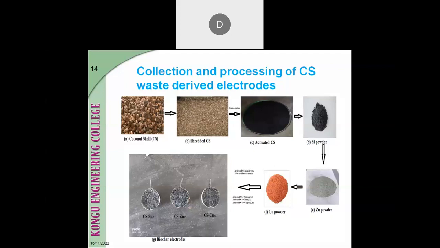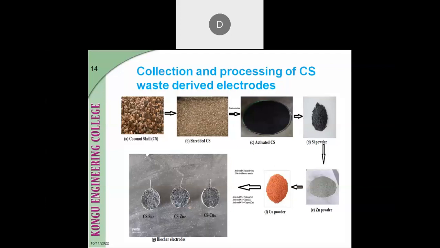That is the representation, and these electrodes were labeled as CS Si 0.2, CS Zn 0.2, and CS copper 0.2 respectively. The photo shows the proposed electrodes, which were filled with 15 ml of epoxy resin that serves as the adhesive, and the hardener gives the hardening.